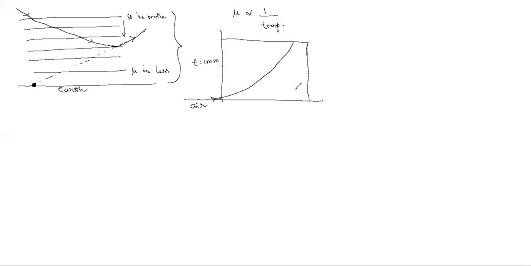Here the refractive index changes with the y coordinate, not with the x coordinate. Mu was given as root of k into y power half; better you take y power 3 by 2, plus 1.